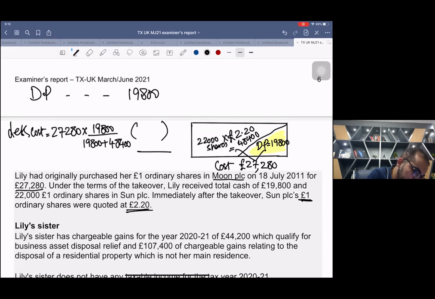That gives 7,920, the allowable cost. And what is the gain? 11,880 is the gain related to the cash, which is your answer.